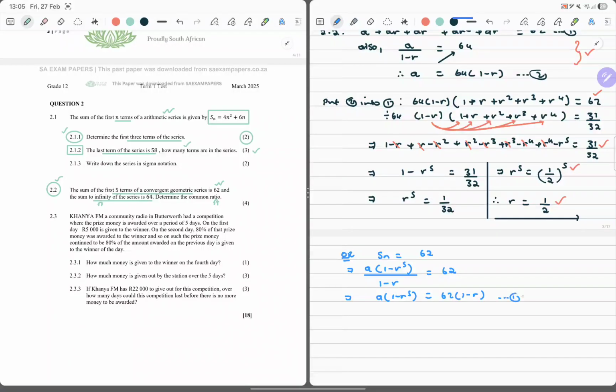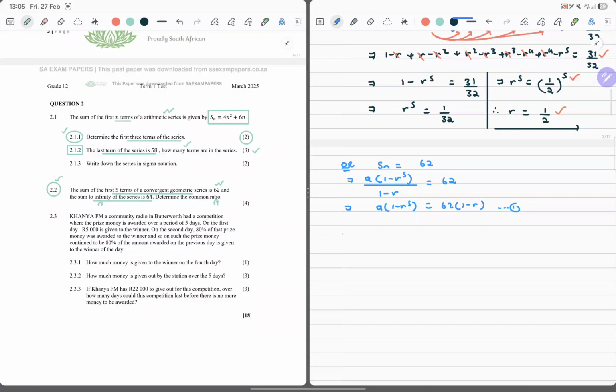Can make this equation 1, and sum to infinity is 64, right? So this implies that a over 1 minus r is equal to 64. Cross multiply, we see that a is 64 into 1 minus r. We can make this equation 2.